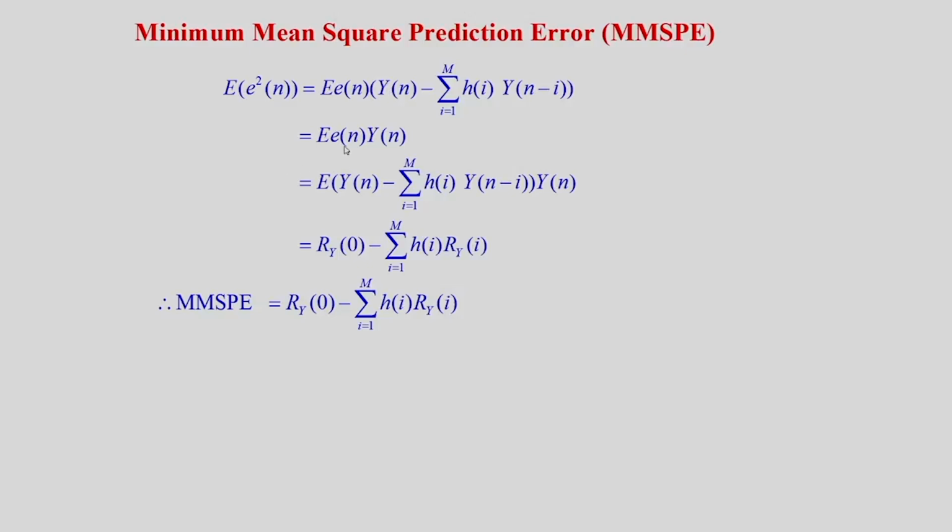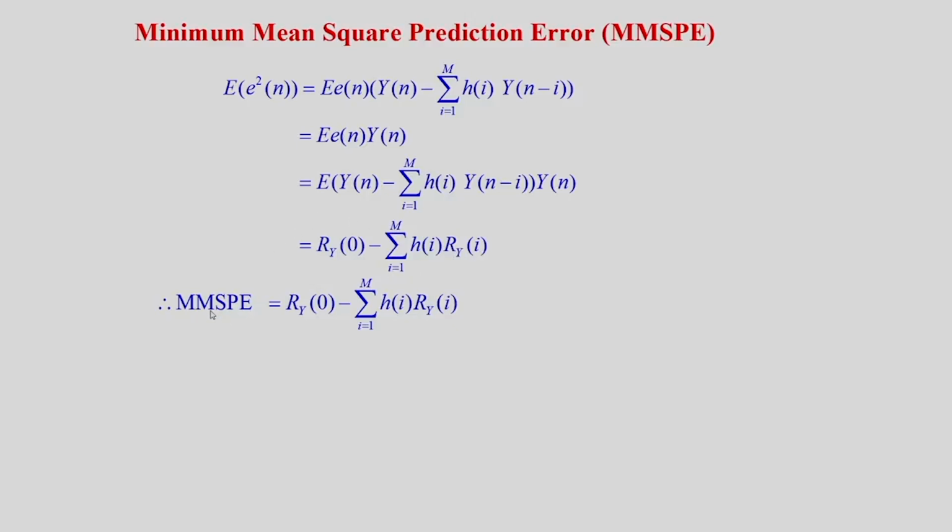And now substituting e n equal to y n minus summation h i into y n minus i, i going from 1 to m, we will get E of e square n equal to E of y n minus summation h i into y n minus i, i going from 1 to m, into y n. And when we simplify, we will get ry of 0 minus summation h i into ry i, i going from 1 to m.